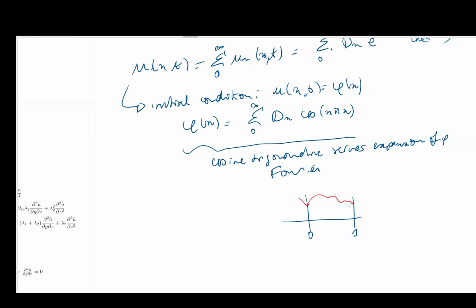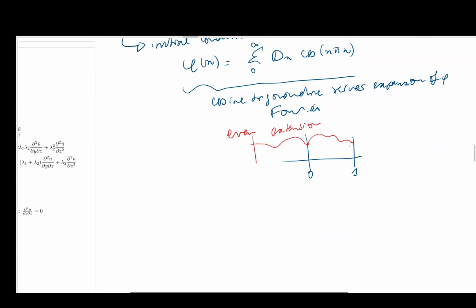That's just it. And I'm doing some kind of even extension. Well, not some kind, exactly an even extension and periodization of my phi function that allows me to do the computation of my Fourier coefficients, and same reasoning as before.